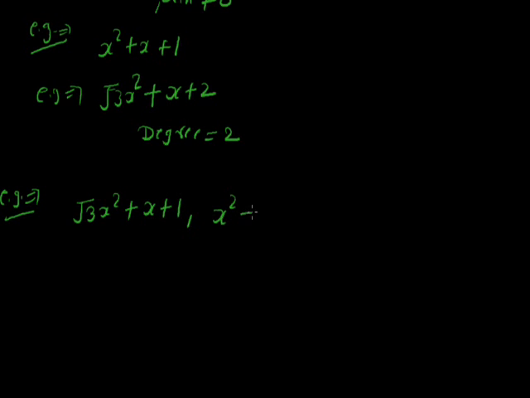Next one is x square plus 1 upon x, and next we can write x plus x raised to power 1 by 2 plus 2, and next is x square plus x divided by x. Okay, out of these examples we have to check which are polynomials and which are not. Now we check each and every expression.